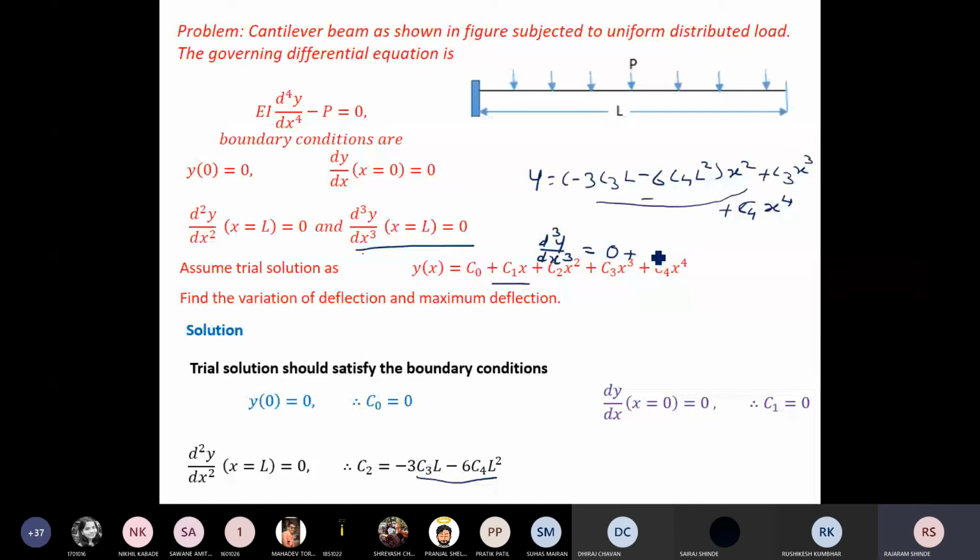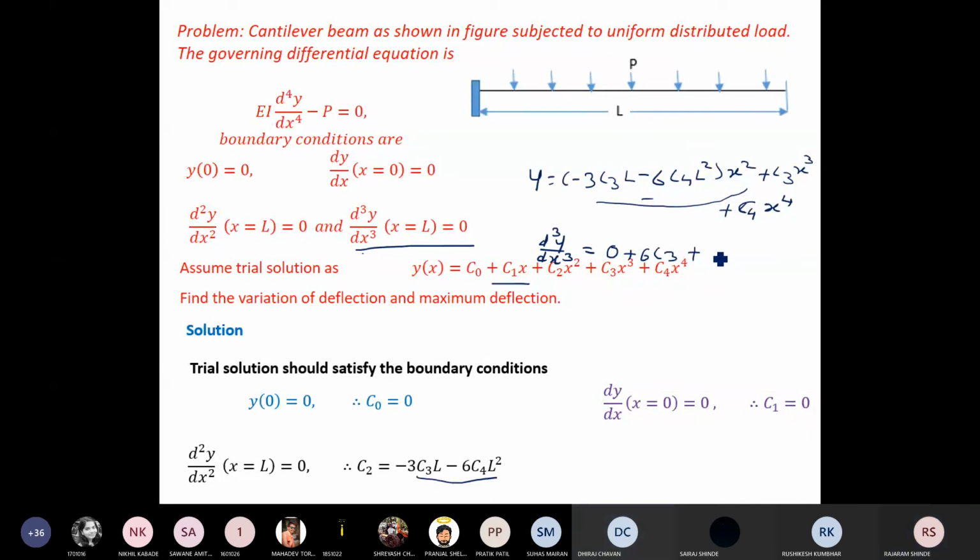Is it correct? Yes sir. Next is the third derivative of this term. You tell me, what is the third derivative of this term? It is 3c3x square, 6c3.